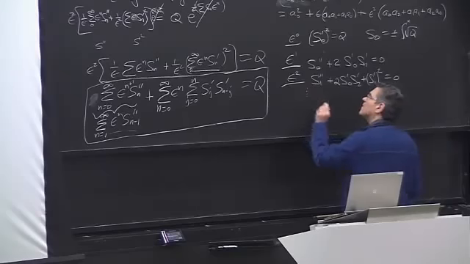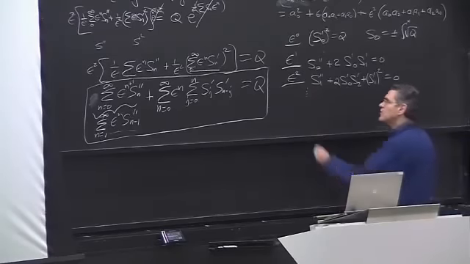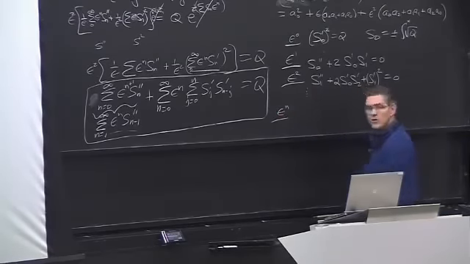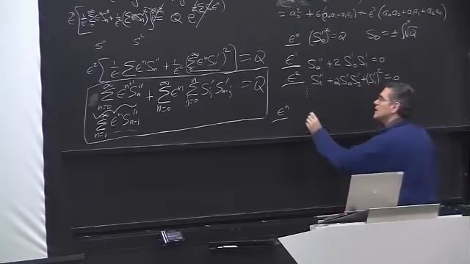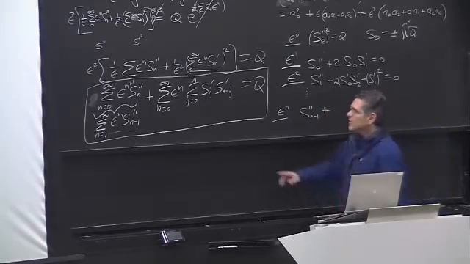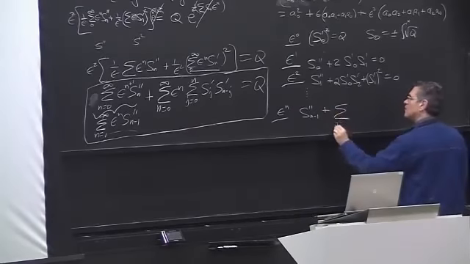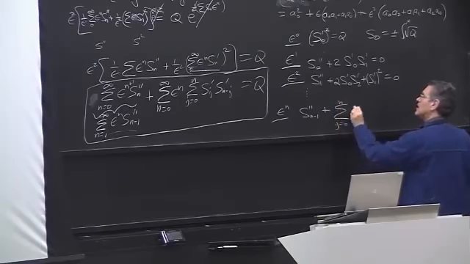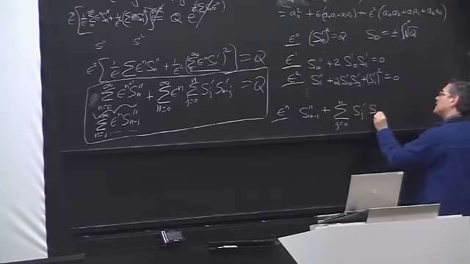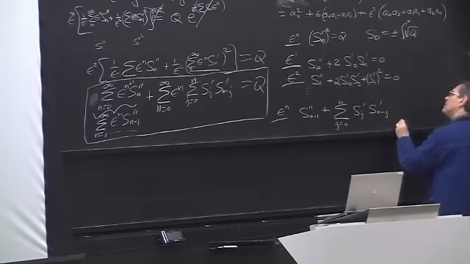And so on. And the coefficient of epsilon to the n is S_(n minus 1) double prime plus the sum from j equals 0 to n of S_j prime S_(n minus j) prime equals 0.